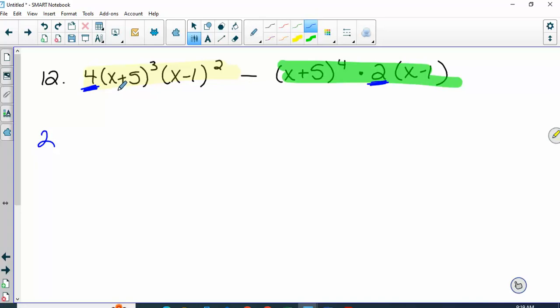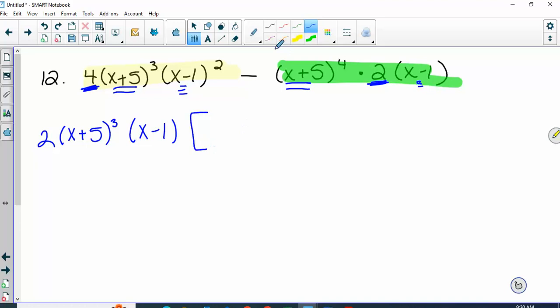This one, do they both have the x plus 5? Yes, so we take out the smaller exponent, so it would be x plus 5 to the 3rd. What else do they both have? Okay, this has 2, and this only has 1, so we can only take it out to the 1st.